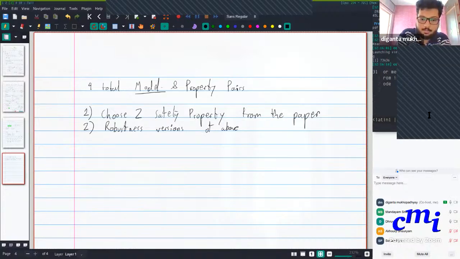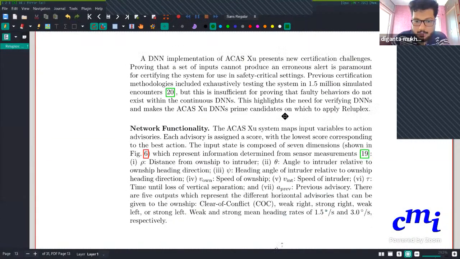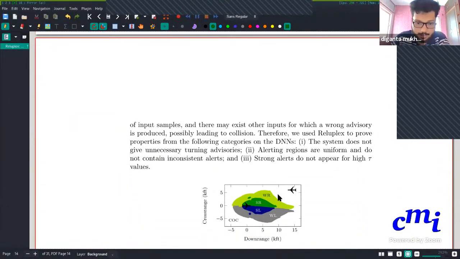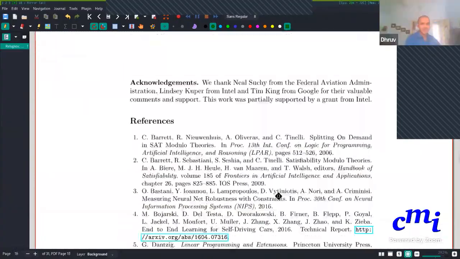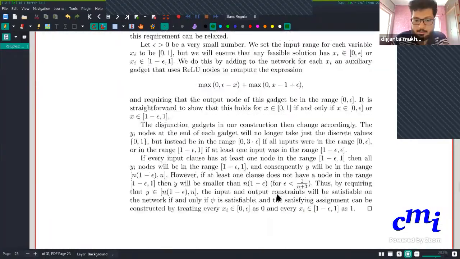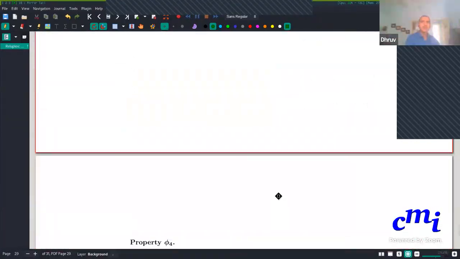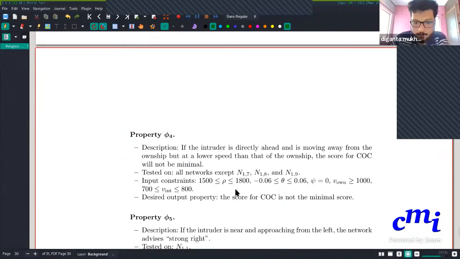Basically, what the scaling means is that the properties will specify theta in radians, for example, right? The radian range is between minus pi to pi. For example, if you look at this property 4, the input constraints are these.